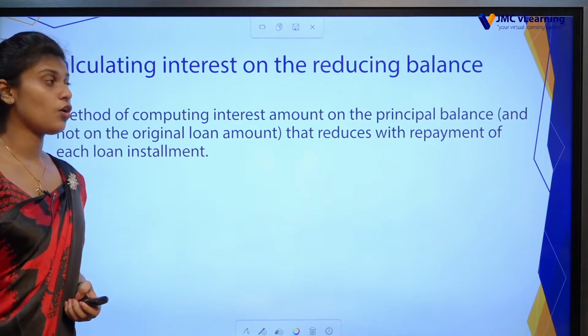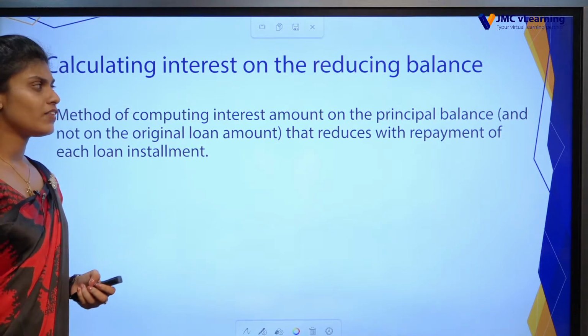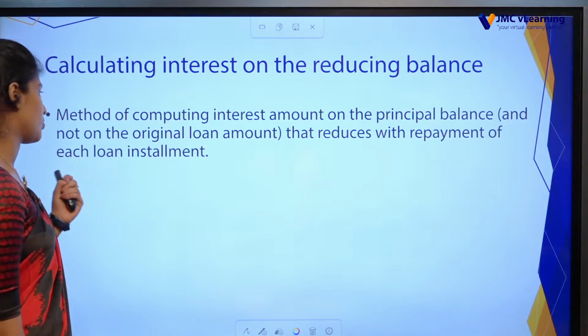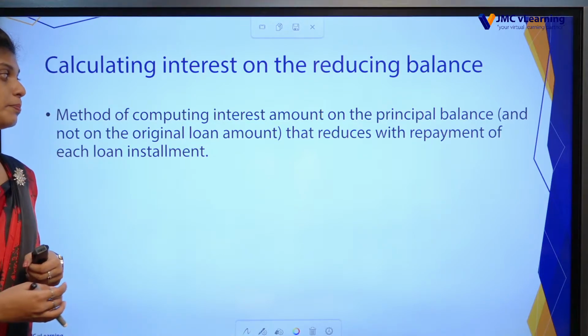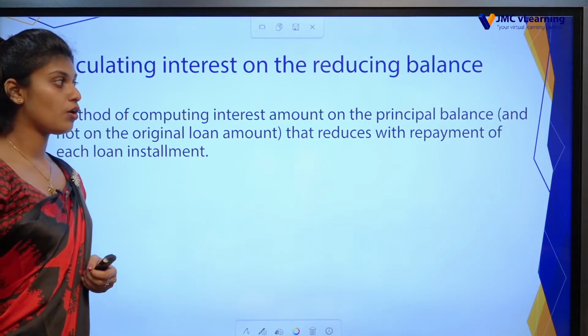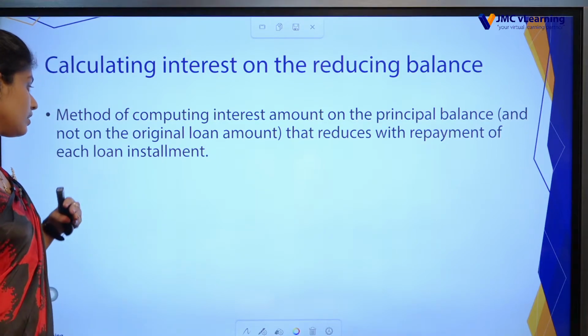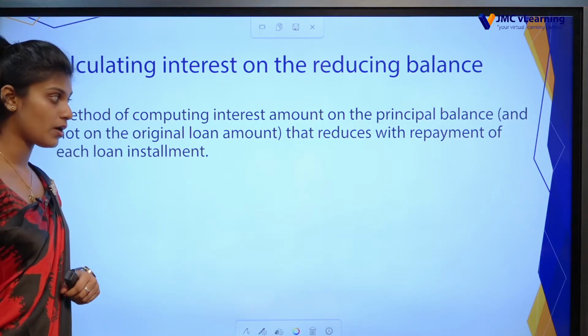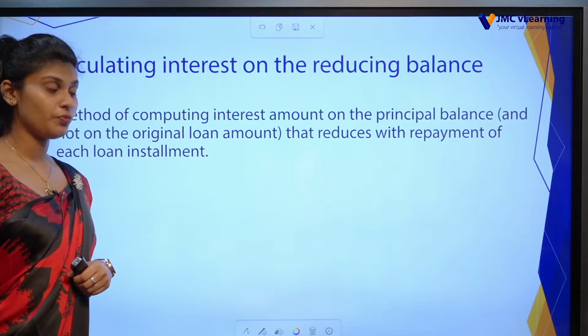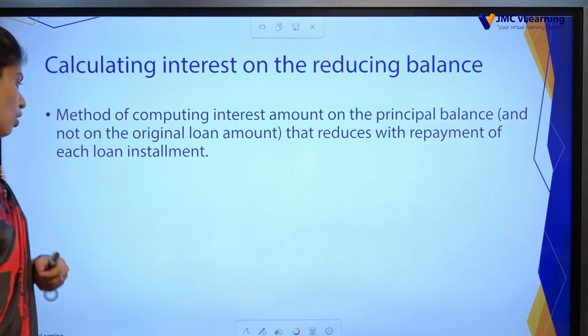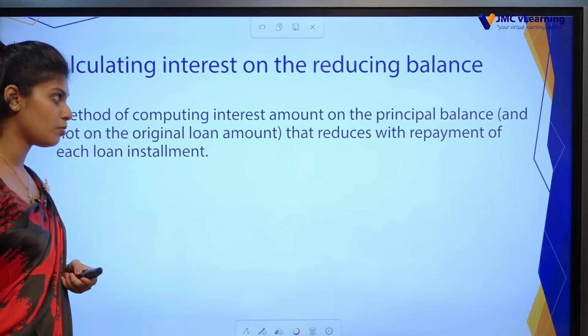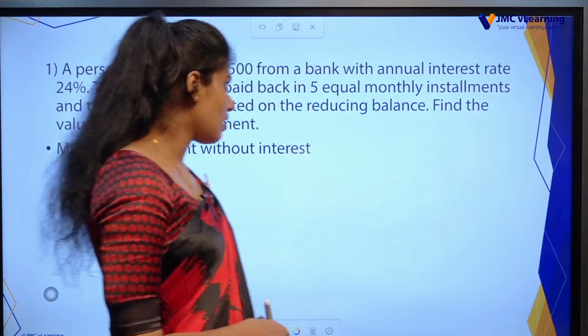Calculating interest on the reducing balance. What is the meaning of reducing balance? It is the method of computing interest amount on the principal balance, and not on the original loan amount, that reduces with repayment of each loan installment. Let's do an example.